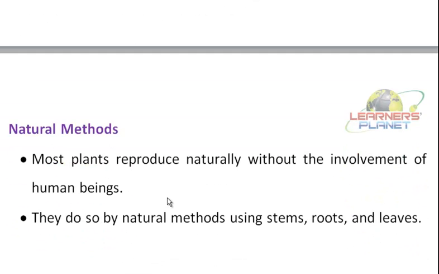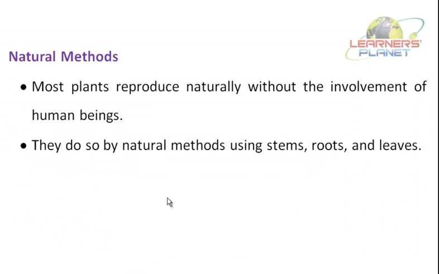So basically there are natural methods and artificial methods of vegetative reproduction, a type of asexual reproduction.